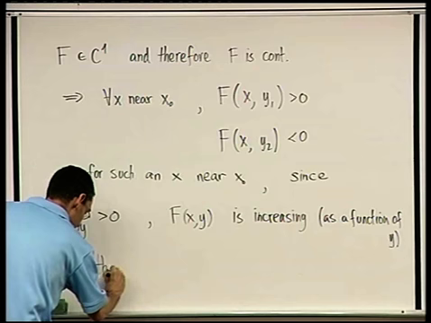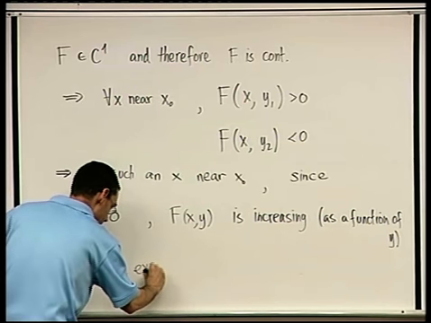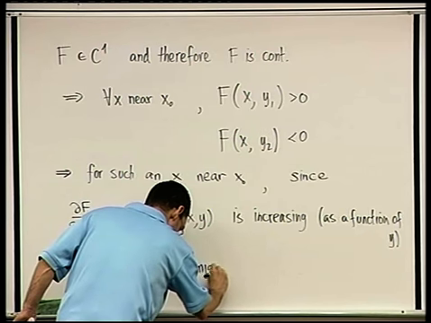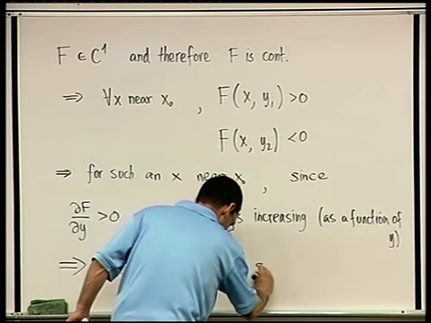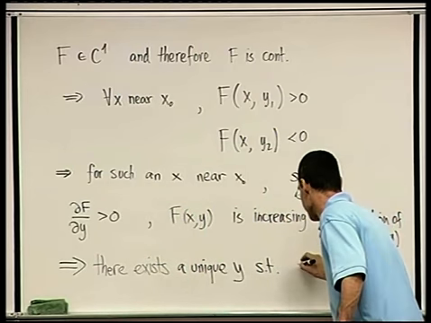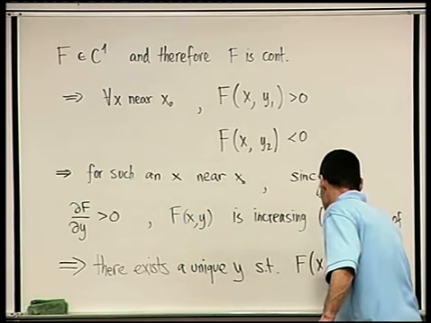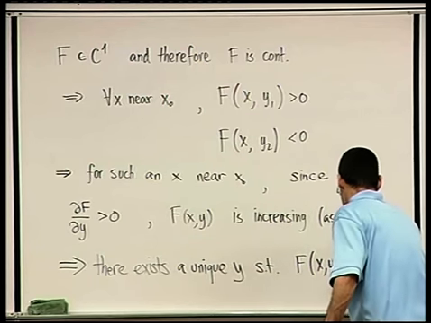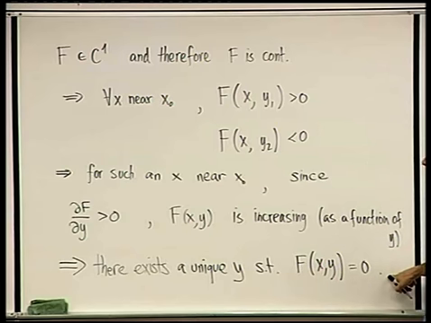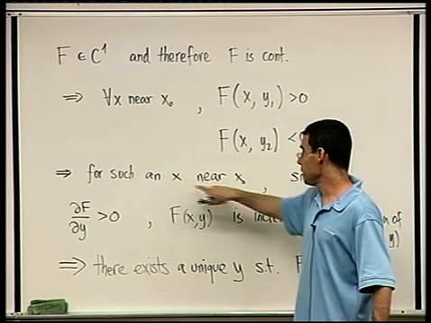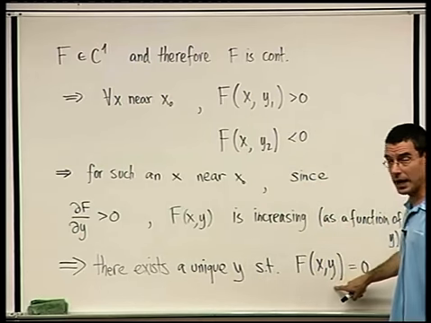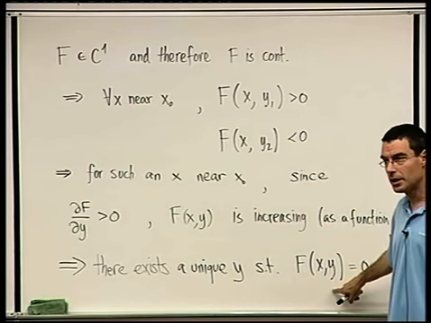There exists a unique y such that f at x, y is precisely 0. So what did I just show? I took an x near x0, I found a unique y such that f of x,y is 0, right?